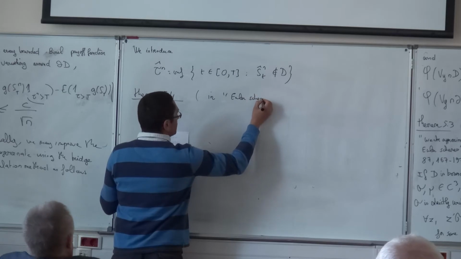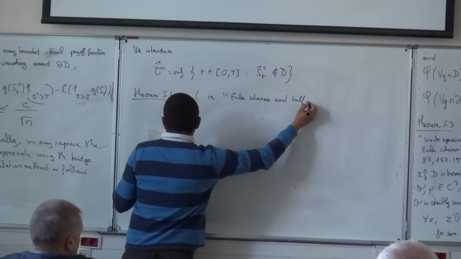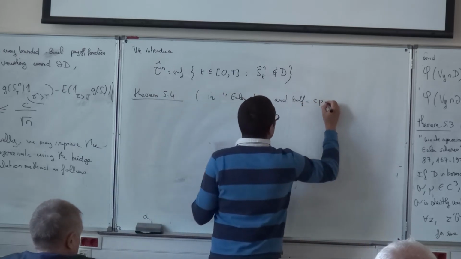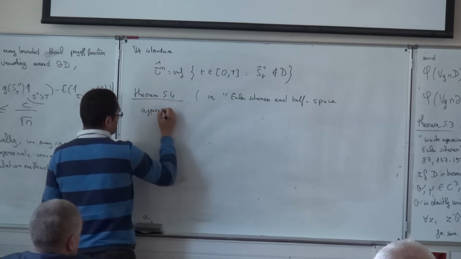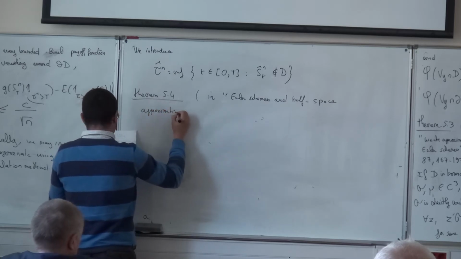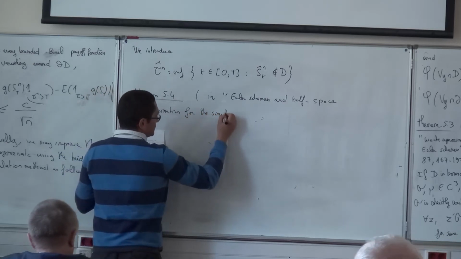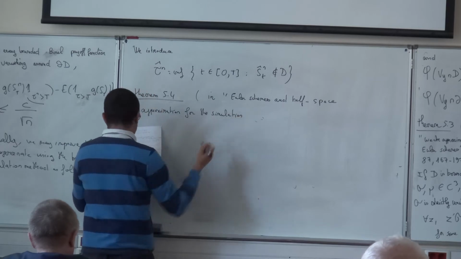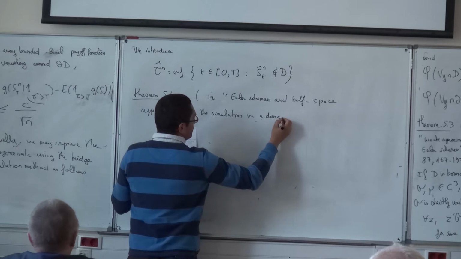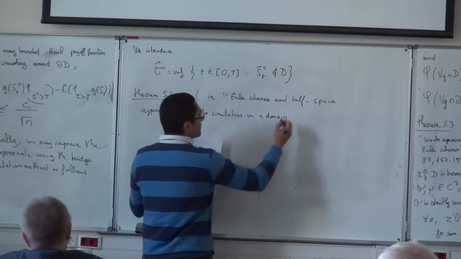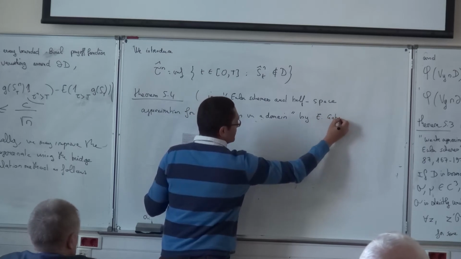This is a result in the paper Euler scheme and half space approximation for the simulation of diffusions in a domain, still by Emmanuel Gobet.